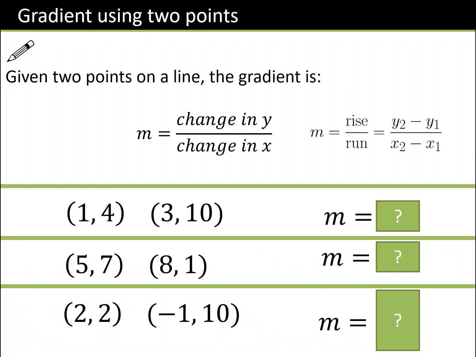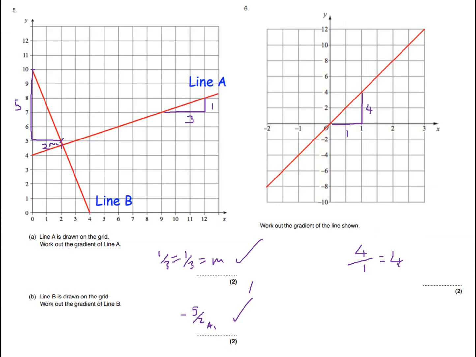Right, now on to gradient from 2 points on a line, and sometimes you're just given coordinates. Now I'm going to go back to this question here, and I'm going to pick 2 coordinates as a nice little example. Can you see that coordinate?